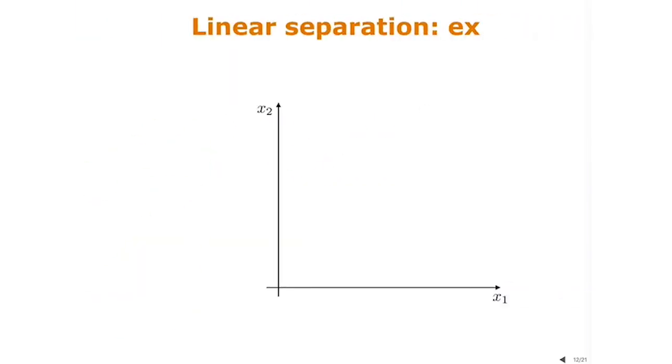Here's an example of just 4 points for which there is no linear classifier that correctly classifies those 4 points. I cannot find a linear classifier here that correctly classifies the positive labeled points without misclassifying one of the negatives, for example.